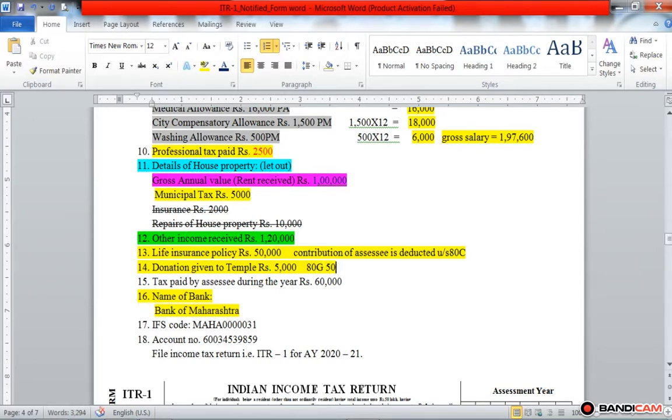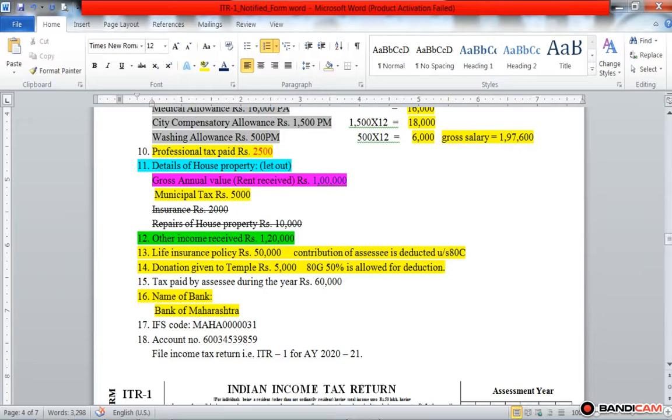50% donation. Why is 50% of the donation allowed for deduction? Because we already studied these sections in our earlier lecture: 80G relates to donations, and 50% of the donation is deducted if it is given to a temple, any educational institution, or an orphanage. If the donation is given to the Prime Minister Drought Relief Fund, then 100% is allowed for deduction.